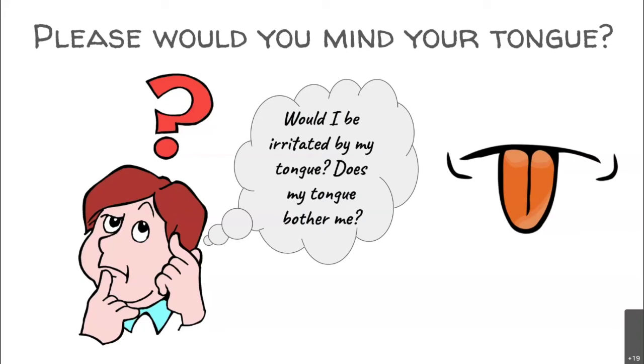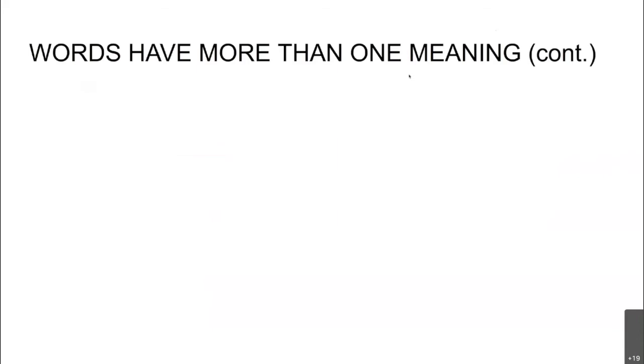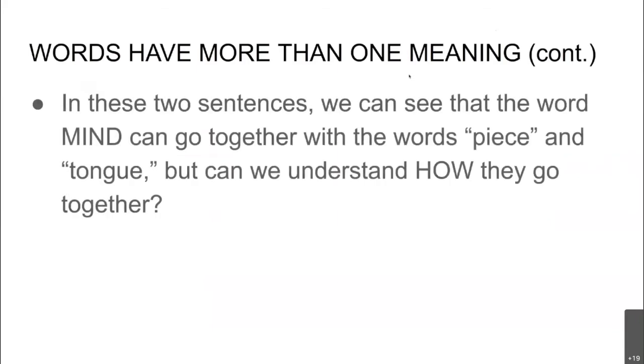See, the problem is you know maybe one or two definitions for the word mind, but you may not be thinking that this word might have more than one meaning. See, that's what I'm trying to show you here as we learn more language. You are seeing some examples of some collocations. These words go together.